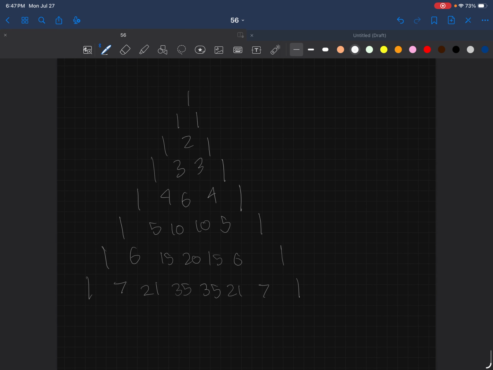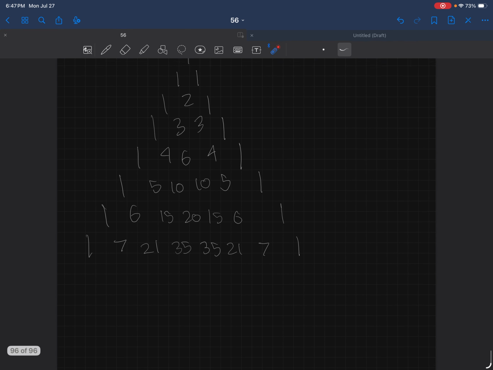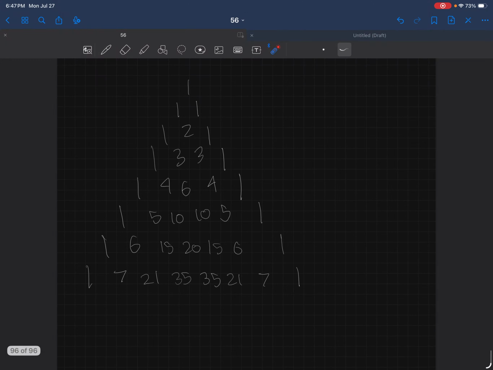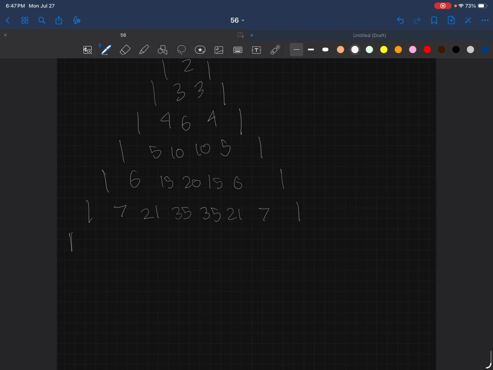Like, I remember seeing this 35 a while back. So let's continue this more, specifically to the 9th row. This is the 0th row, 1st, 2nd, 3rd, 4th, 5th, 6th, 7th. We have 2 more rows left. Last row.